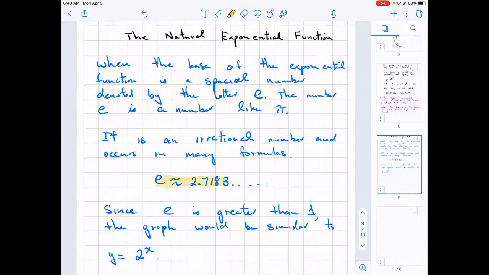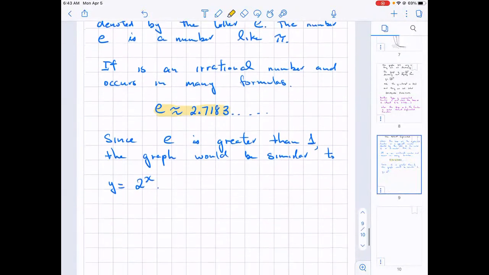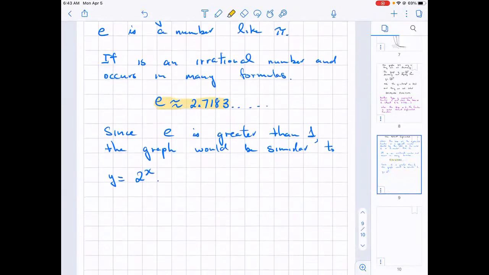It's an irrational number because it never ends, no repeating decimals. Then it is referred to as the natural exponential function. Now keep in mind e is a number greater than 1, so this is an exponential function. Now e is just between 2 and 3, so the graph would look very similar to 2 to the x.